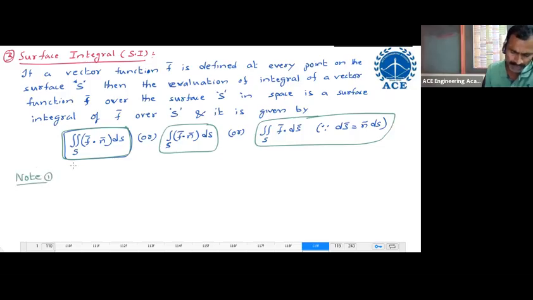Note point 1. Surface integral in Cartesian form.